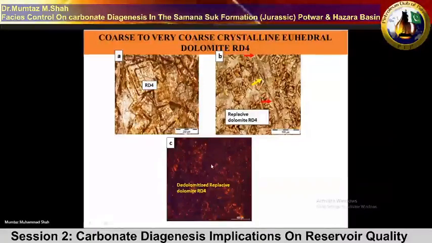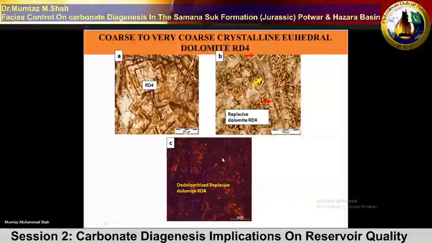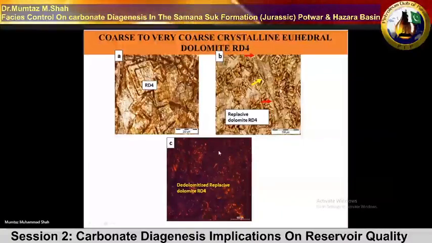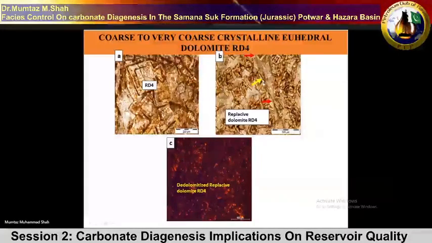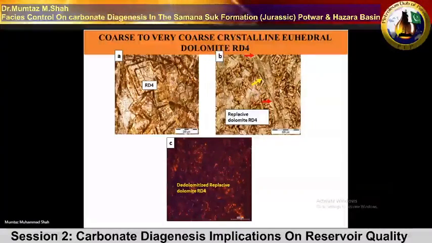That is confirmed by the CL photomicrograph, where we can see that the calcite in between is responsible for having de-dolomitized these dolomite crystals.